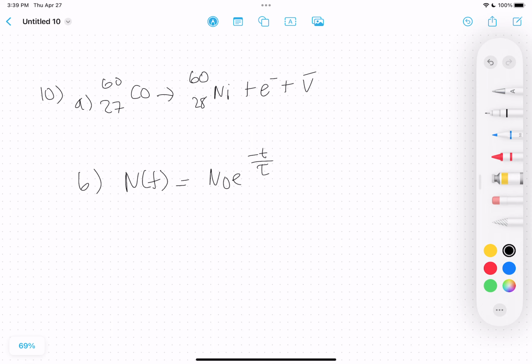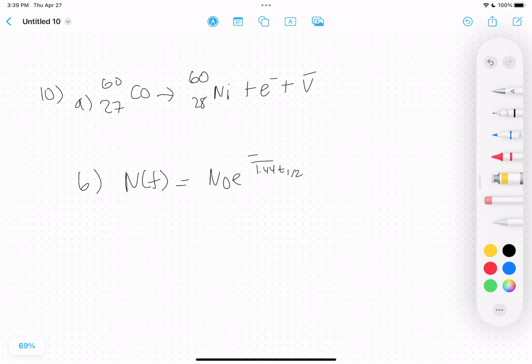The time elapsed is 2 years, so the numerator is negative 2, and the denominator, tau, should be 1.44 times the half-life.